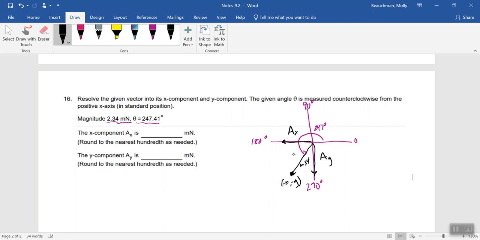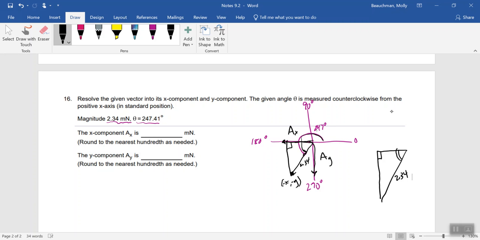All right, so I want to draw a right triangle. Drop it down here, and I'm going to take that kind of out of the picture over here, draw the right triangle. I know the hypotenuse of my right triangle is 2.34, and I want to find this angle. So I know that it's 247 degrees to here, and I need to find it between 180 and 247.